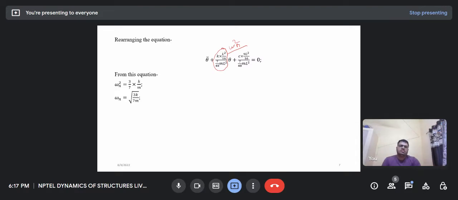There are other methods also, related to finding it through energy methods, like potential energy or kinetic energy. Through that you can also find it, but that is not covered in this course. In this course we are attached to this equation. First we have to develop the equation of motion, and then we have to find out the parameter. Okay. Anyone?